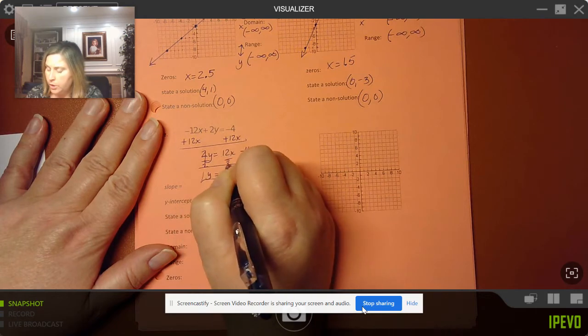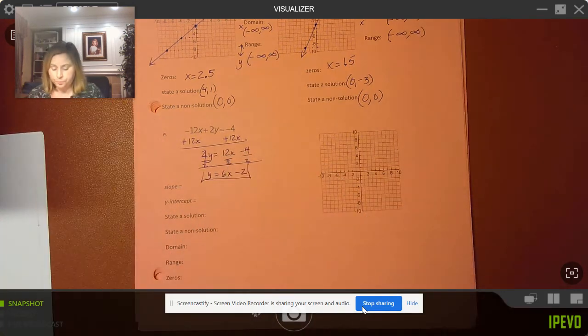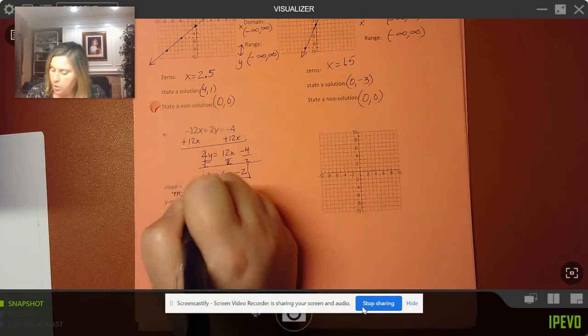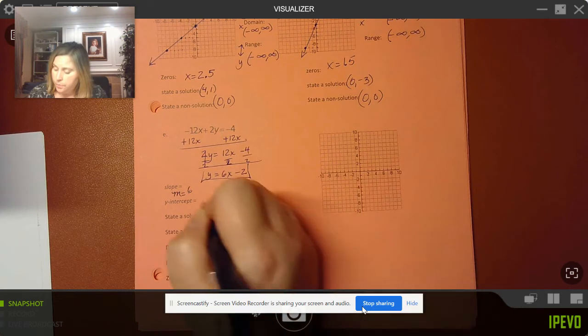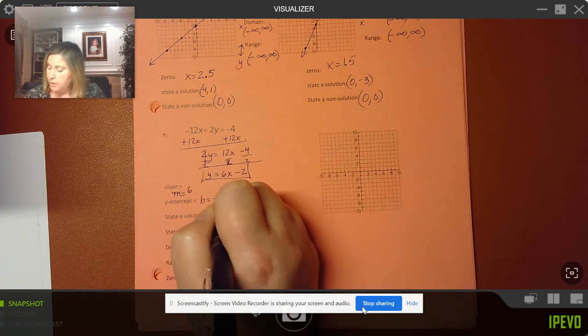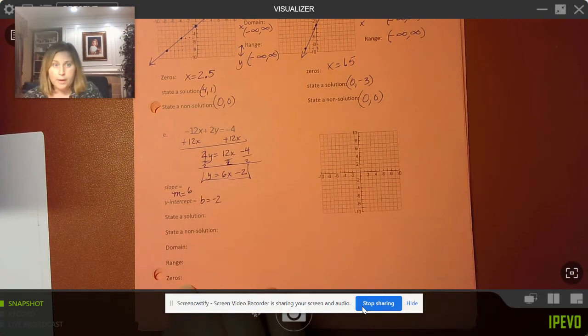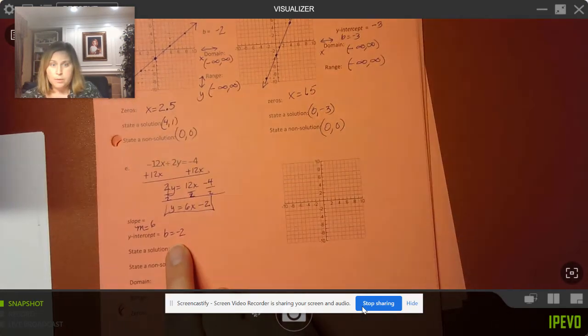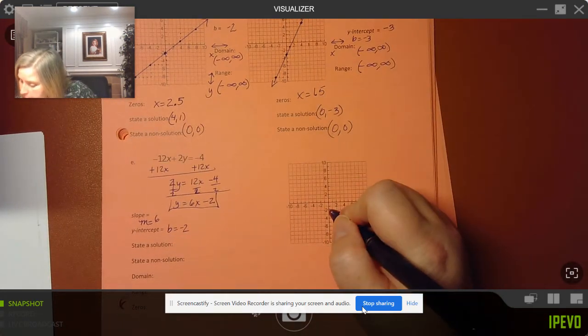Okay, so that's our equation in slope-intercept form. And our slope is +6. Our y-intercept is -2. Okay, so to get the rest of these, we will want to graph the line. So let's go ahead to our y-intercept, -2, and plot our point.